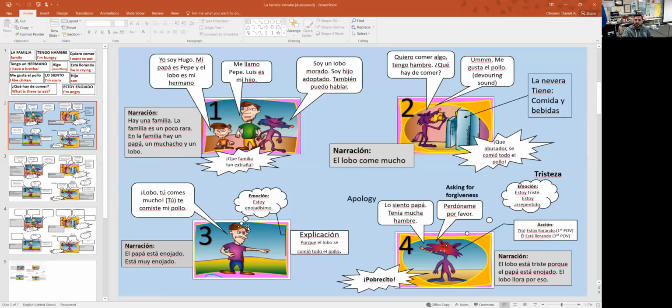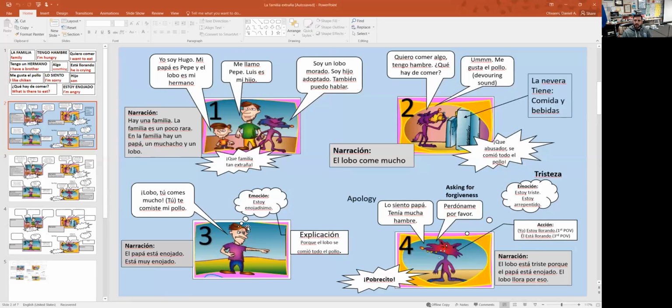And this is just the beginning. These are 4 mini stories that I'm going to use before we get into a major story that is going to recycle all the vocabulary from the mini stories.